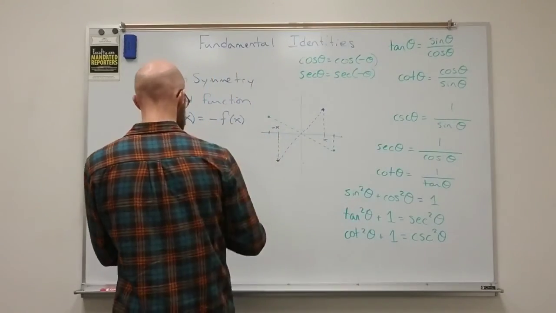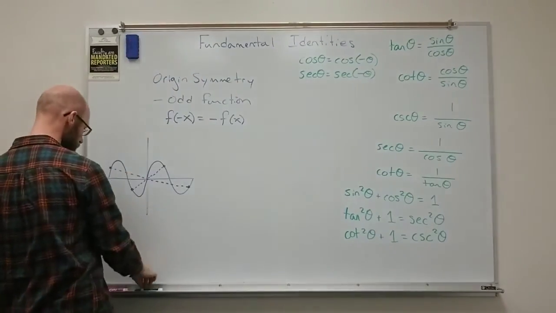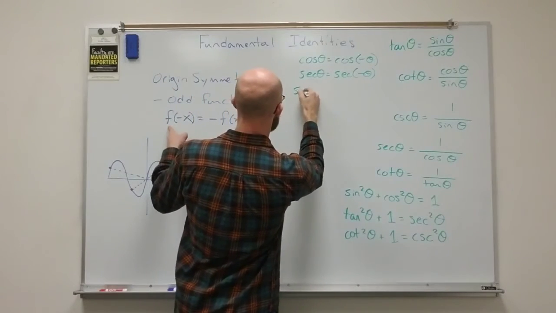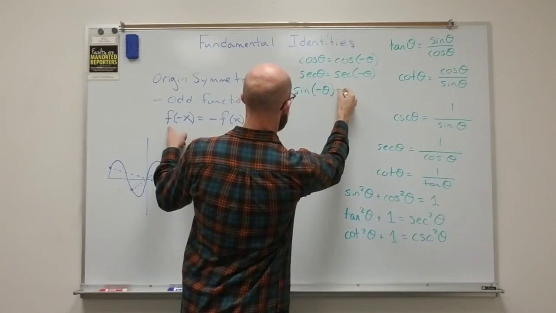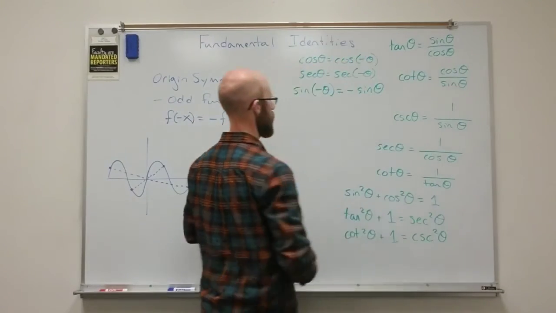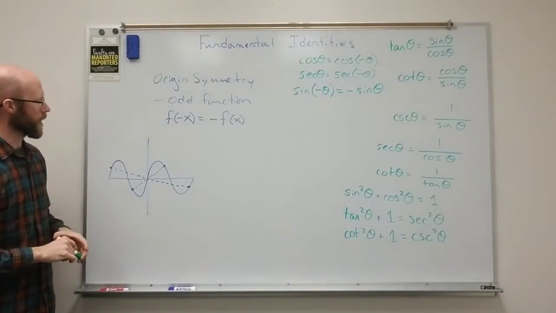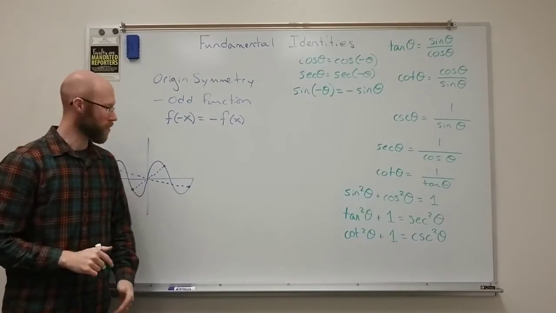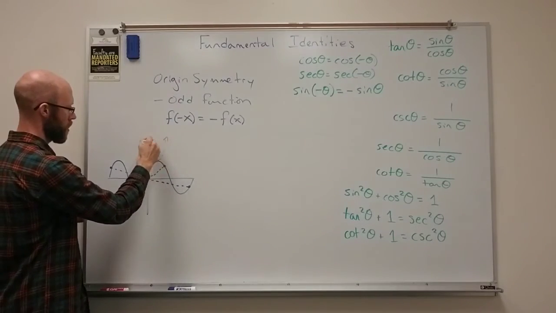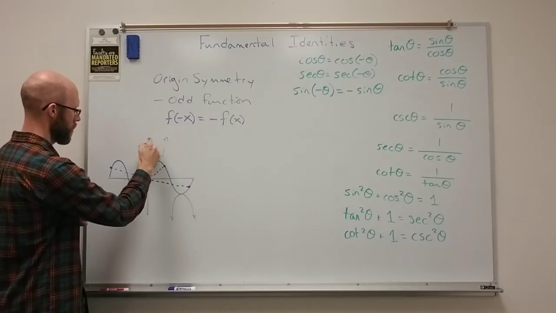Maybe I'll just summarize these up on the right here to begin with, so I don't have to rewrite them. So we'd say that the sine of negative theta is equal to the negative sine of theta, right? And I could go through and show you the graphs of the cosecant. Remember the cosecant, I guess I could draw that solid.